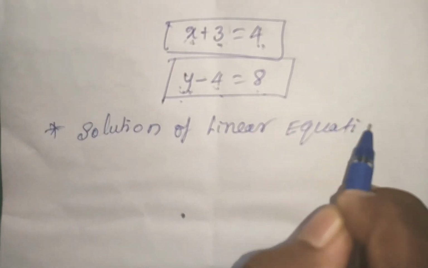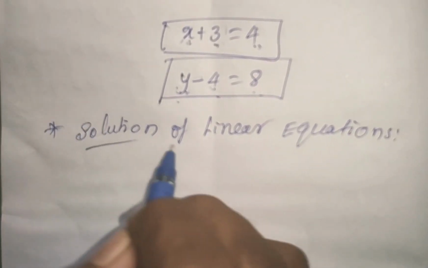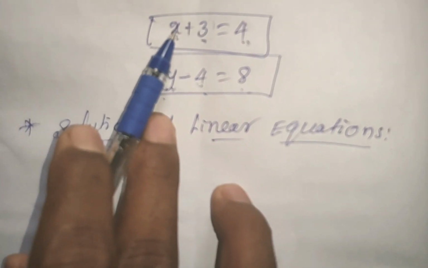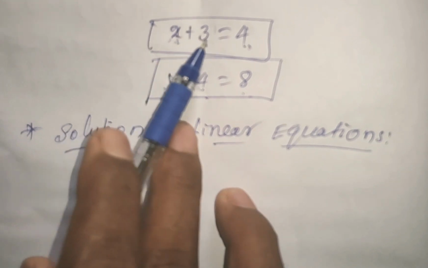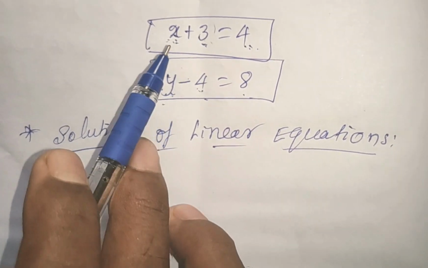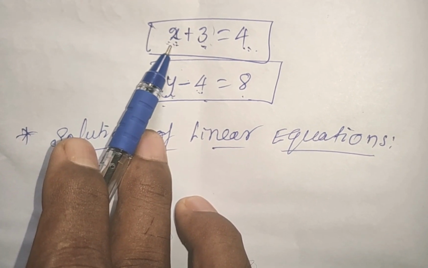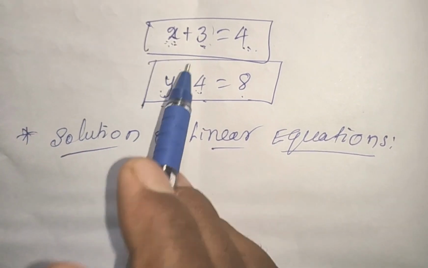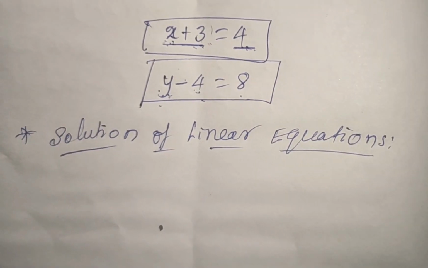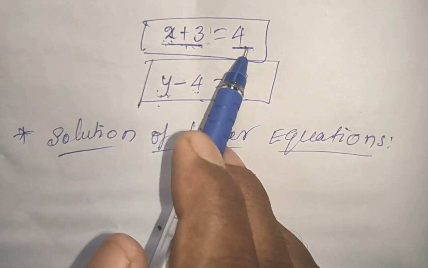Normally, I applied the trial and error method. Already I explained, here I put x is equal to 1, then 1 plus 3 you will get 4. This is called the trial and error method. When you put the value of x in the LHS, remember that this part is called the left hand side and this part is called the right hand side, LHS and RHS.